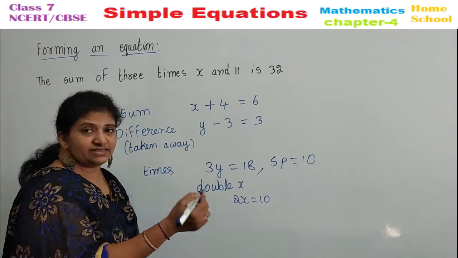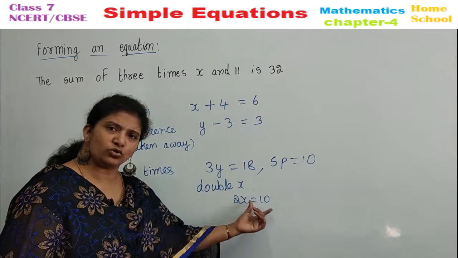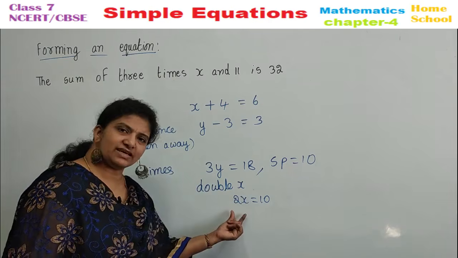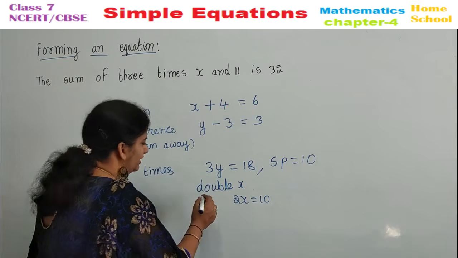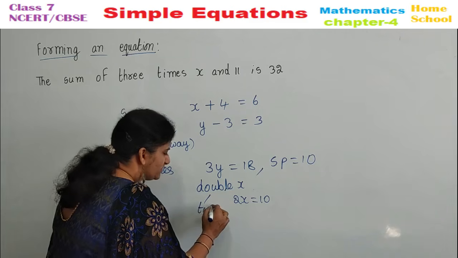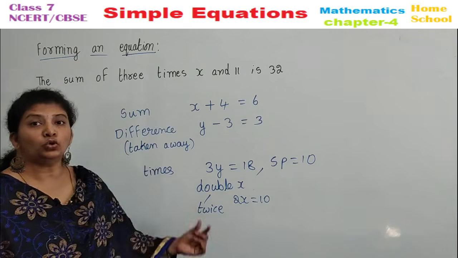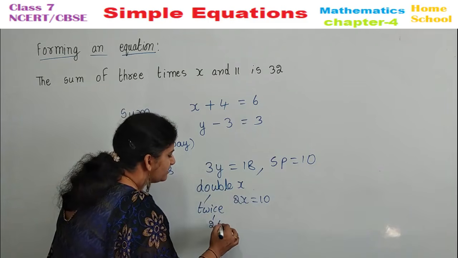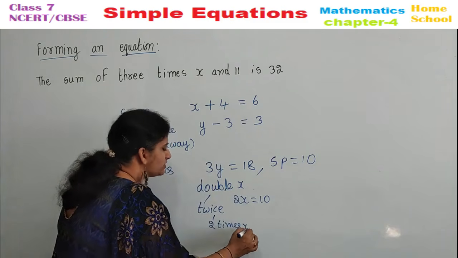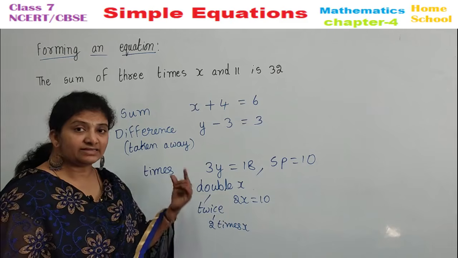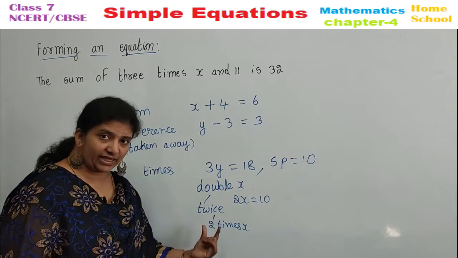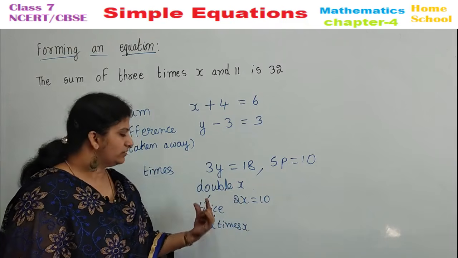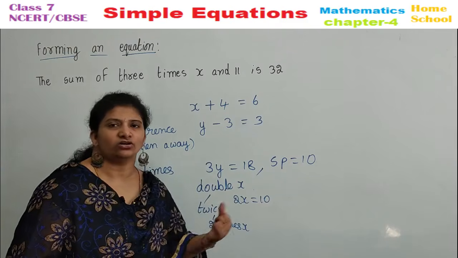Double x is 10. Double x means 2x. We have seen before, twice, thrice. Twice x is also the same. Double we may say, twice we may say, 2 times you can say. Understand the sentence they have given and try to frame the equation carefully. 2 times x is equal to 10.